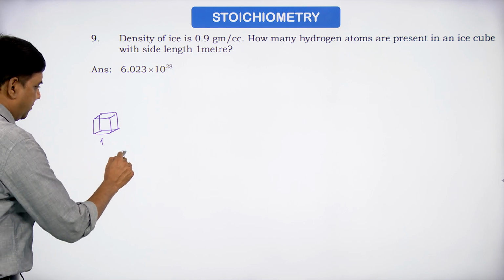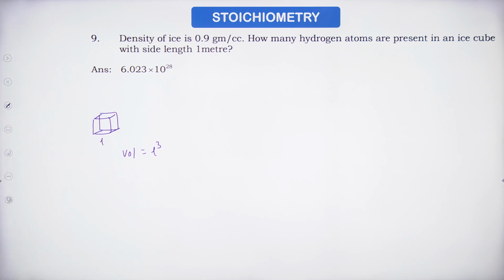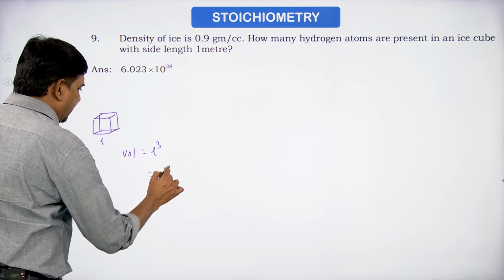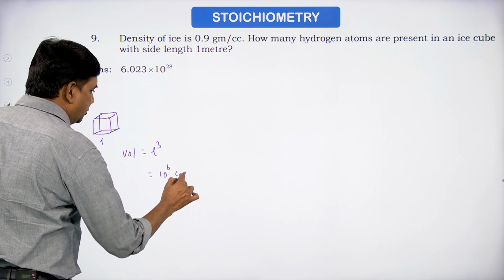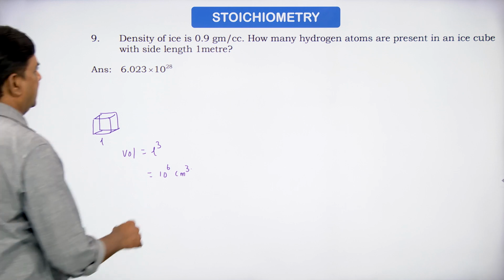In case of a cube, volume is equal to L cube. L value is how much? 1 meter, which is equal to 100 centimeters. So 100 centimeters cube is equal to 10 power 6 centimeters cube, 10 power 6 cc.